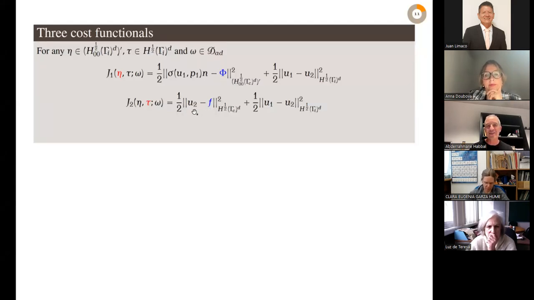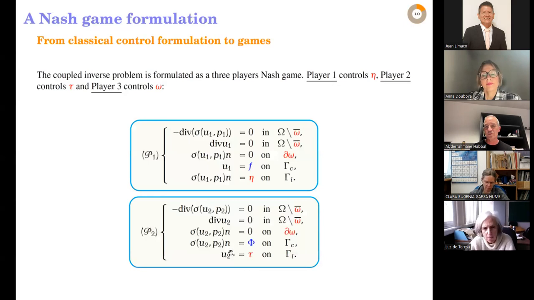A very simple remark, let us focus on two. If I do my best to let U2 be close to F, then you see U2 has already the Neumann boundary condition of phi.